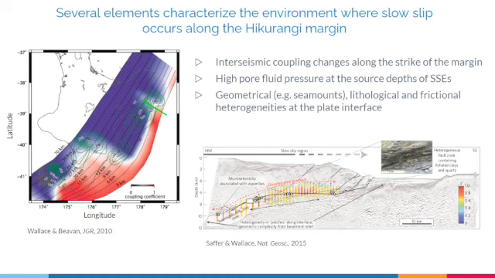So all this is to say that the environment where slow slip events occur along Hikurangi is very complex, and that these events are maybe influenced by different factors.